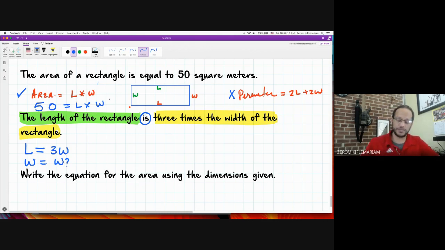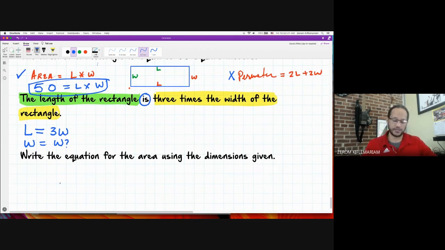So based on this information that is given, I can write the equation for the area using the dimensions given.